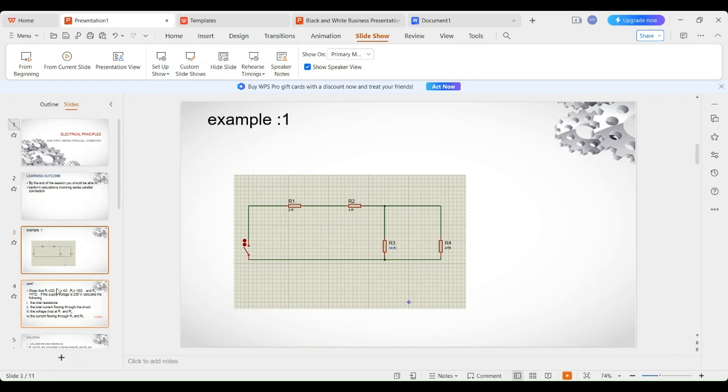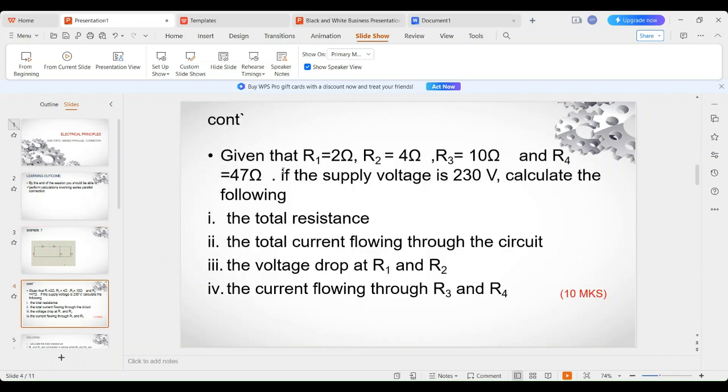Given that R1 is equal to 2 ohms, R2 is equal to 4 ohms, R3 is equal to 10 ohms, R4 is equal to 47 ohms, and the supply voltage is 230 volts, calculate the following: the total resistance, the total current flowing through the circuit, the voltage drop at R1 and R2, and the current flowing through R3 and R4.